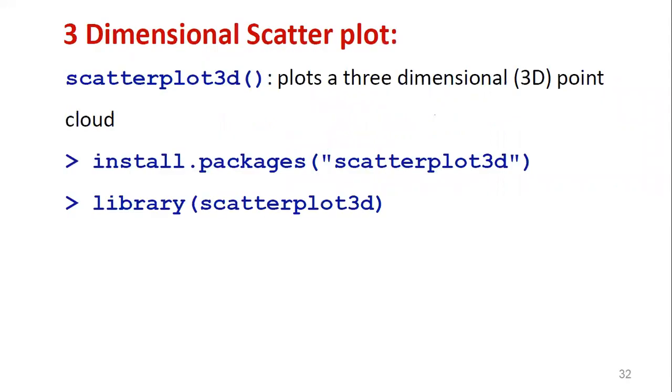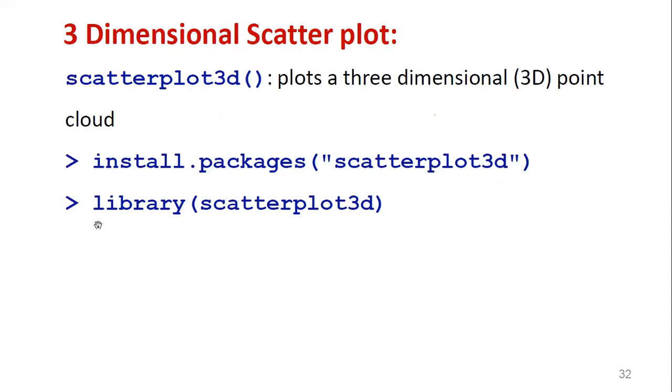Then coming to three-dimensional scatter plot. For this, we'll use scatterplot3d. This is the function name, which plots a three-dimensional point cloud, a 3D shape. For this, you need to install the package scatterplot3d.